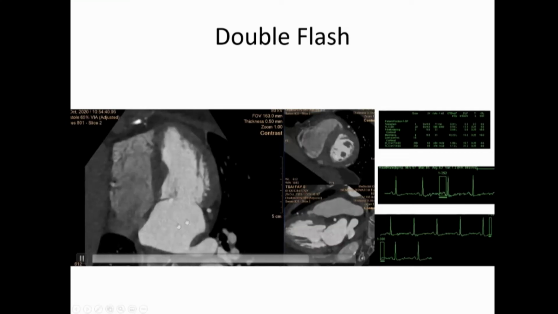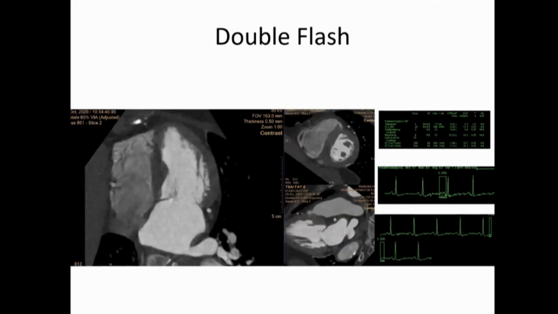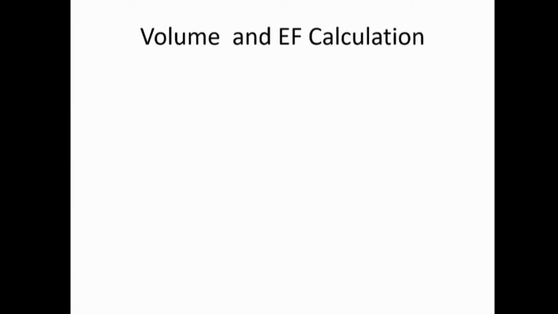So in this case, we were able to get the coronary information and also the functional information. So this has potential. Obviously, I don't see the day that we will be doing CT for routine LVEF assessment, but it's possible to know those.